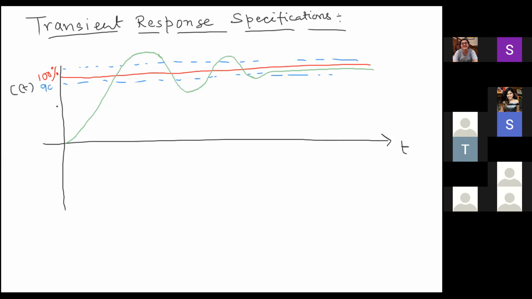This one is 98%, this one is 102%. Now there is a 90%, one spot for 50%, and one for 10%.